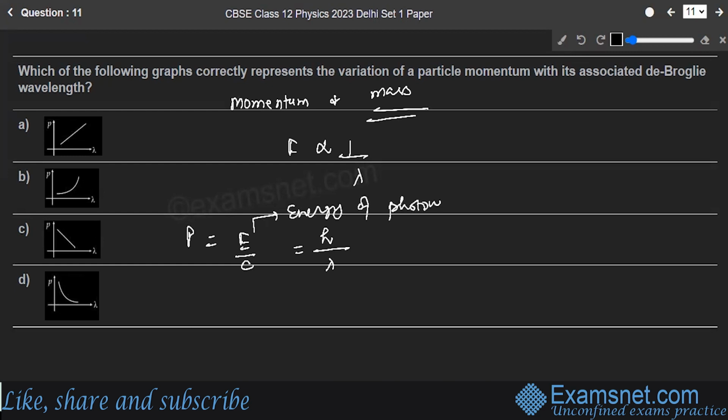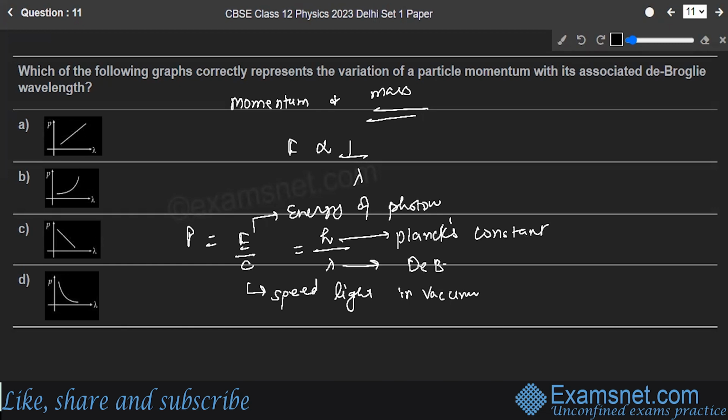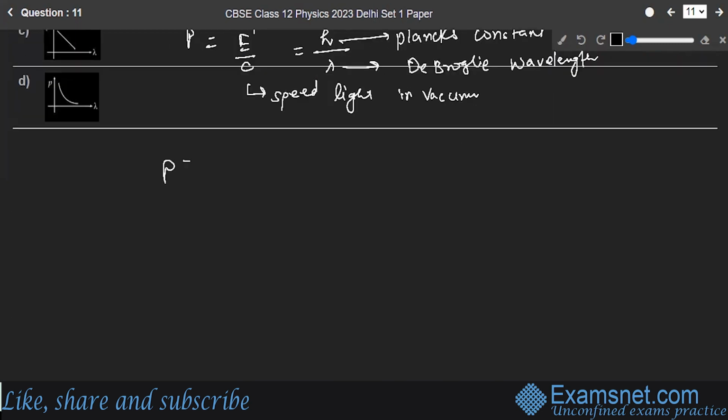C is the speed of light in vacuum, h is Planck's constant, and lambda is your de Broglie wavelength. So according to de Broglie, P is equal to h upon lambda, or momentum is inversely proportional to the wavelength.